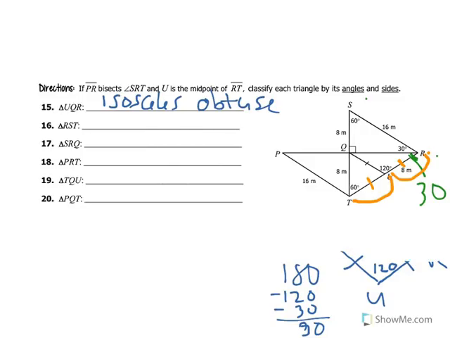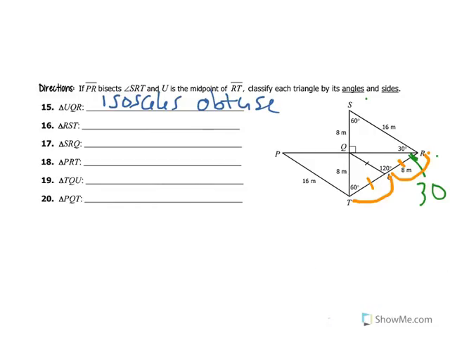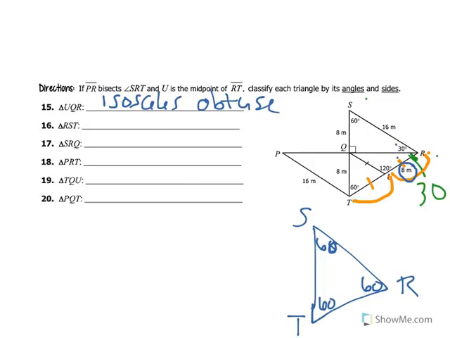The next triangle we're looking at is going to be triangle RST. So let's draw that outside of the picture. So R, S, and T. This is 60 degrees. This is 60. We've got 30 and 30 here. So this is 60. They tell us that we've got 8. So that means this is 8. So this side is 16.